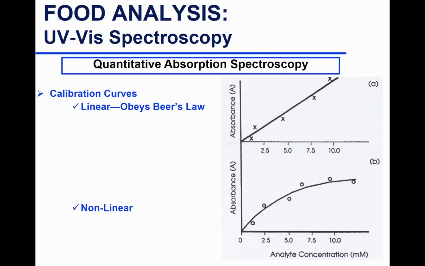For this analyte compared to this analyte, we have to prepare concentrations ranging from 0 to possibly 6 and plot the line again to get a linear relationship. So depending on your analyte, the concentration you choose will be different. That will give you a linear relationship between absorption and concentration.